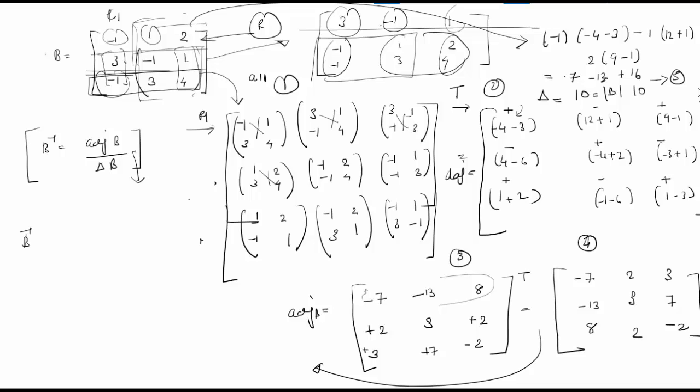So B inverse is equal to 1 upon 10 into the whole matrix of -7 -13 and 8 and 2 3 2 and 3 7 minus 2, divided by 10.